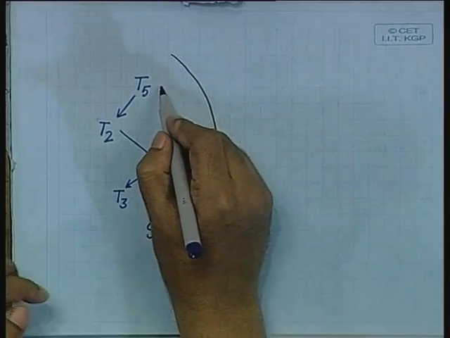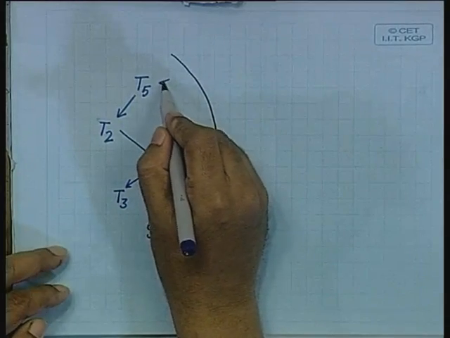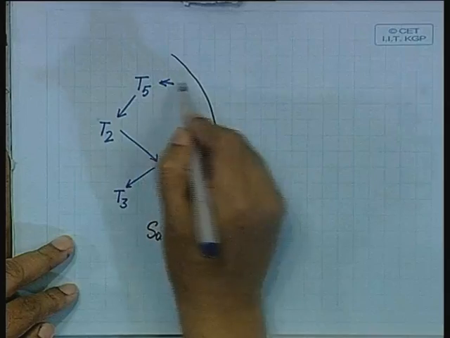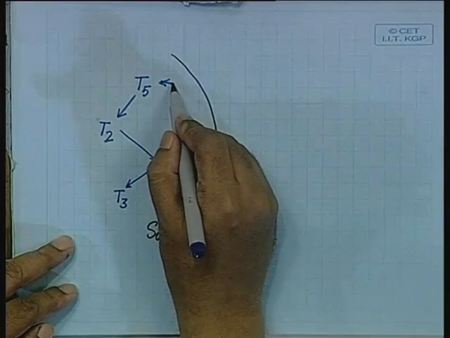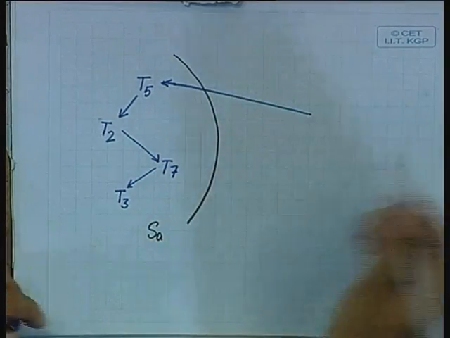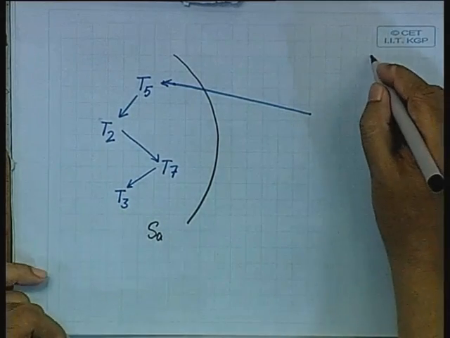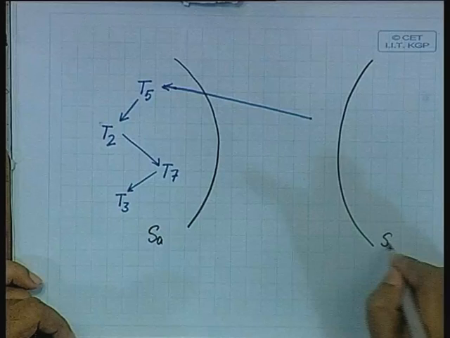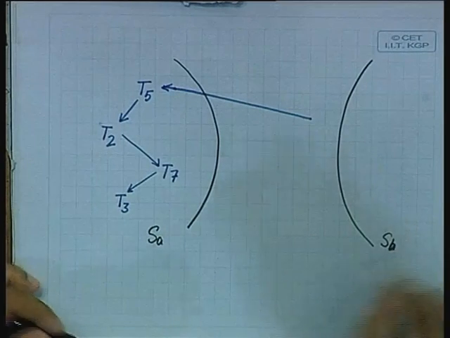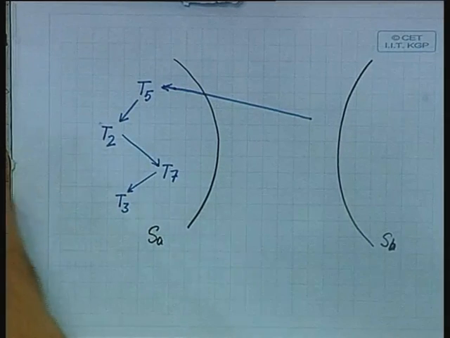And let us say T5 is currently holding a resource for which there is a request from some other transaction in some other site. Okay. So, there is a request from some other site SB, some transaction from there is requesting this.